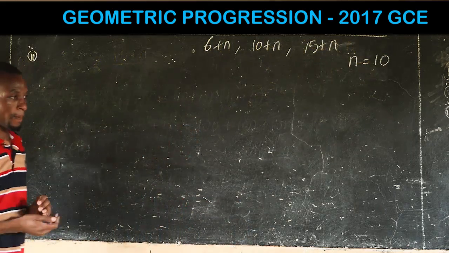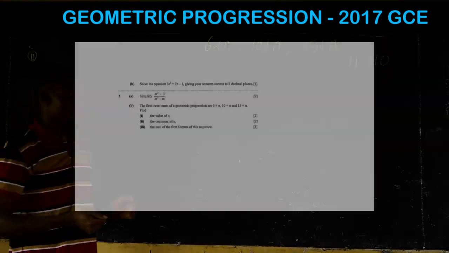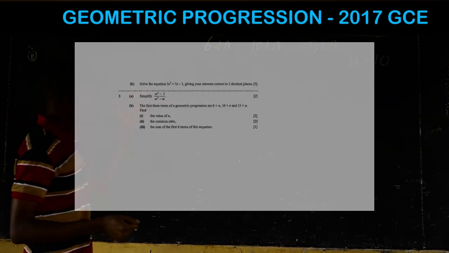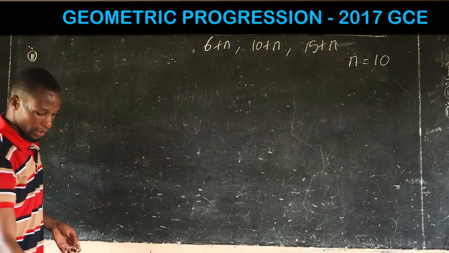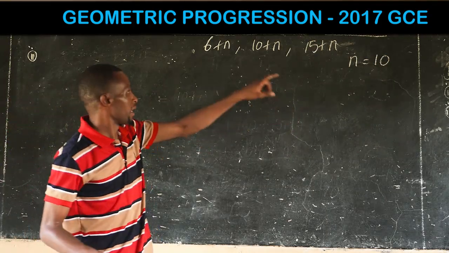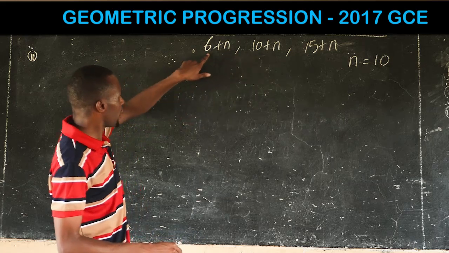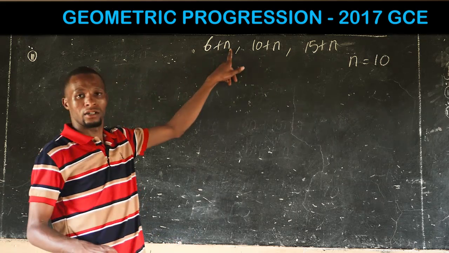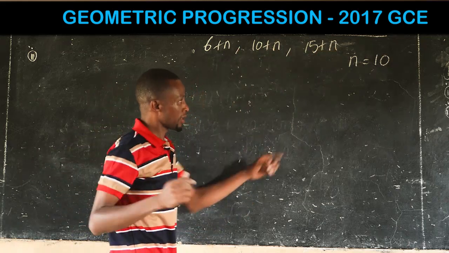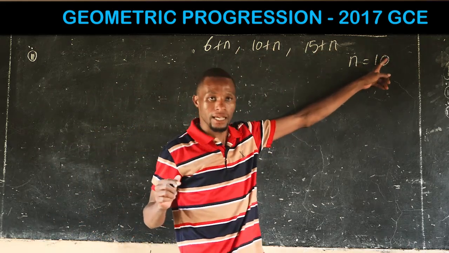Question 2 says, find the common ratio. Okay, so for us to be able to find the common ratio, since we found the value for n, now we have to know the actual terms. Wherever you're seeing n here, we are going to substitute with the number 10.